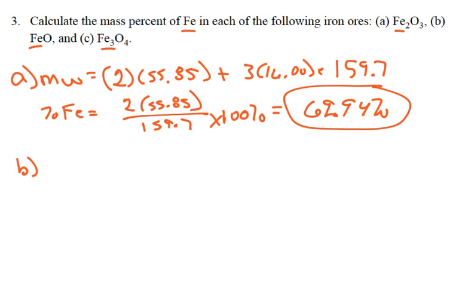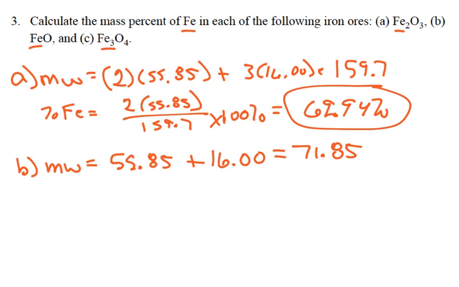And then in B, molecular weight equals 55.85 plus 16.00. There's only one of each. So that's 71.85.